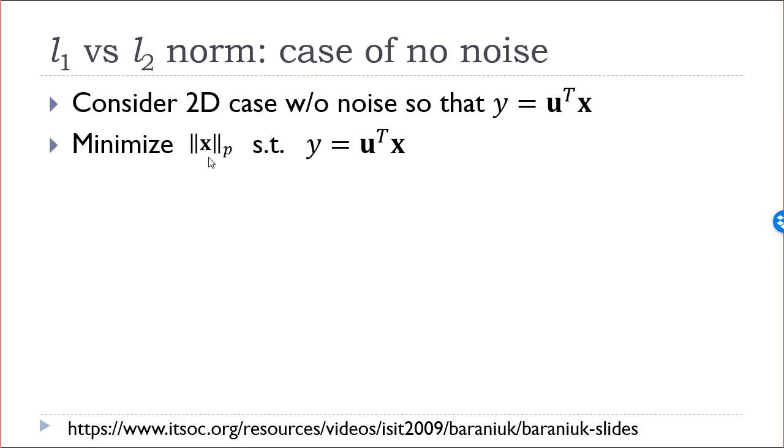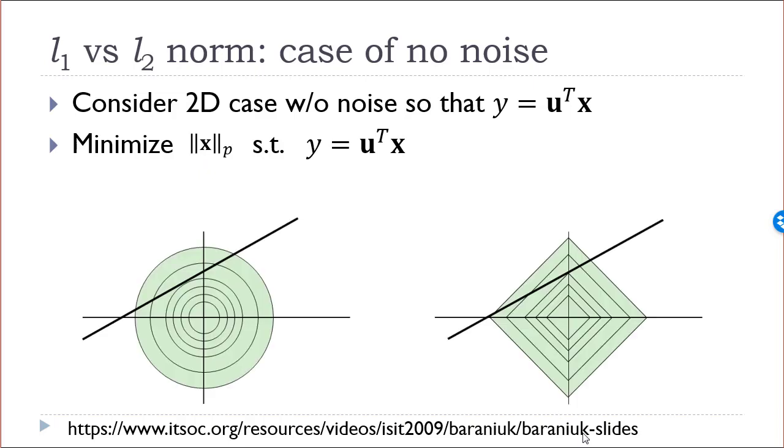So we can plot the level curves of LP norm of x. The level sets of the L2 norm look like these circles, and we are required to find the circle with the smallest radius. On the other hand, the L1 norm level curves look like these rhombus, and we need to find the smallest rhombus that intersects with the straight line.